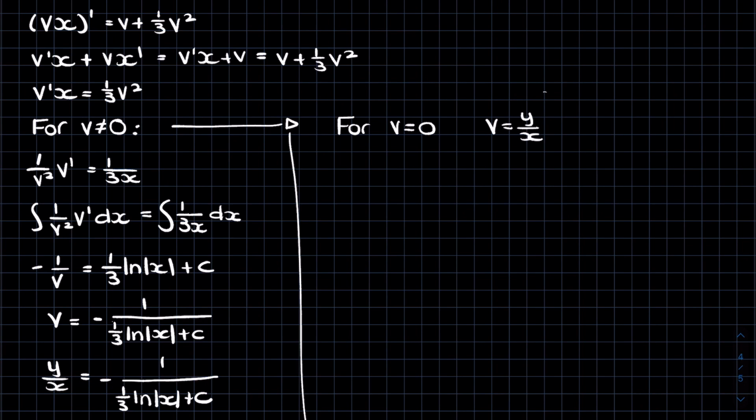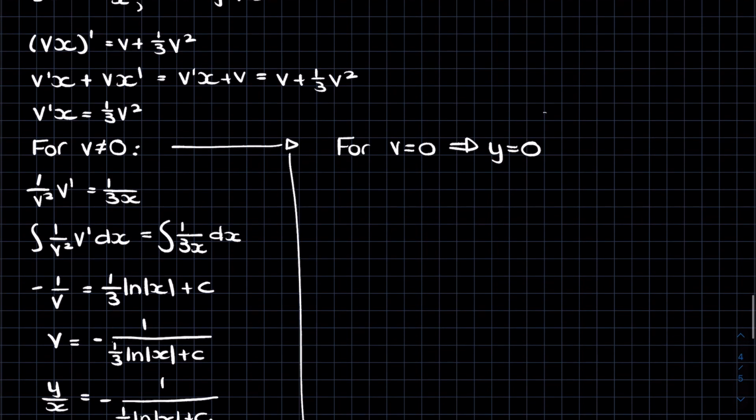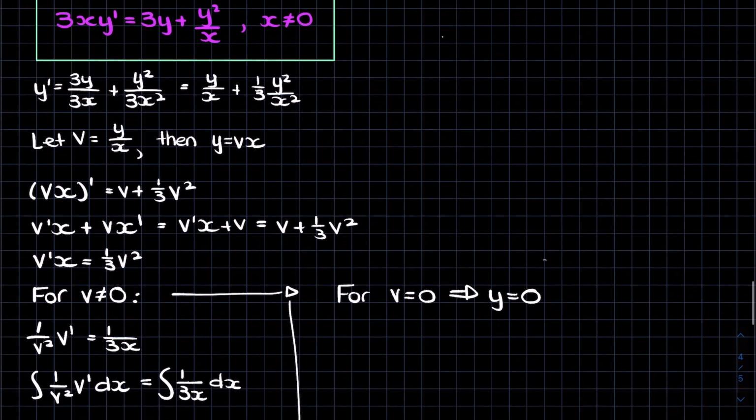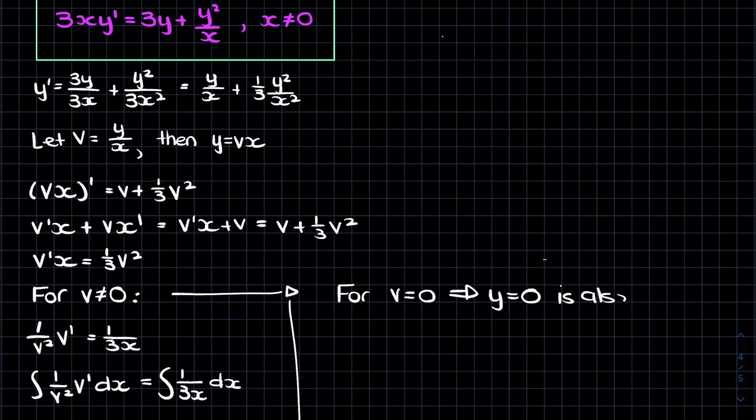So for v equals 0, that just implies that y equals 0. And if y equals 0, if we go back up to our ODE up here, you'll see that we just get 0 equals 0, so you'll get an identity. So y equals 0 is also a solution.